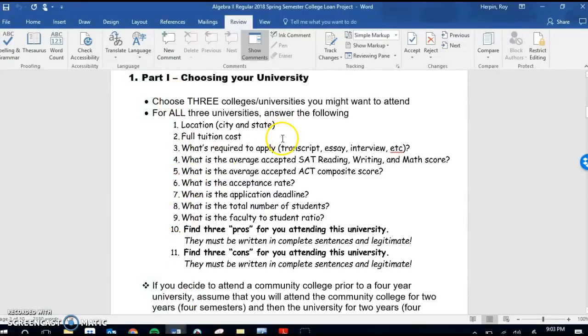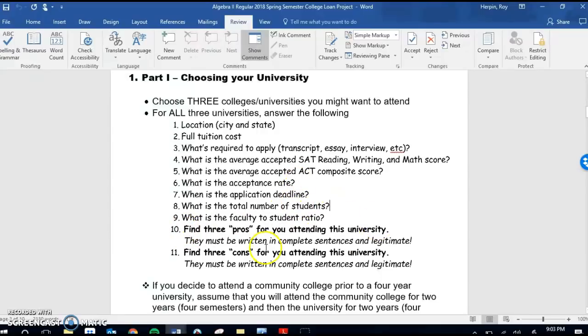So where it's at, how much the tuition is, what's required to apply, like do you need your transcript, do you have to write an essay, do you have to have an interview, what all do you have to do, what's the average SAT reading, writing, and math score that they accept, what's the average ACT score, what's the acceptance rate, when's the application deadline, what's the total number of students, faculty to student ratio. This is actually a really big, important one to me.